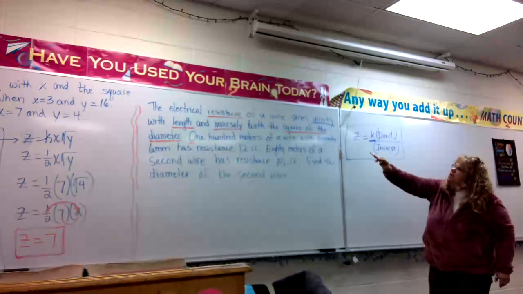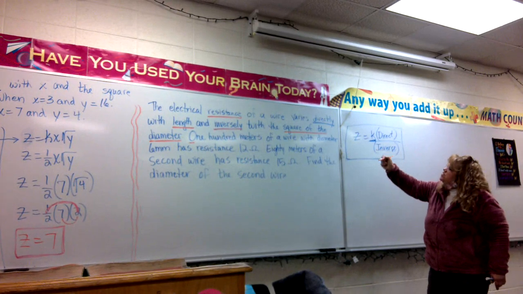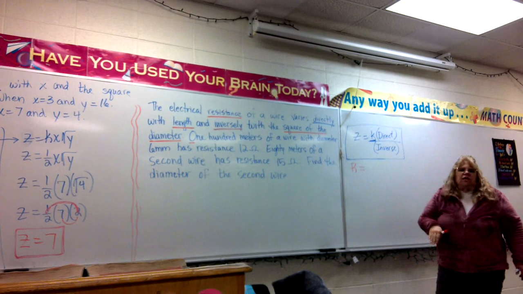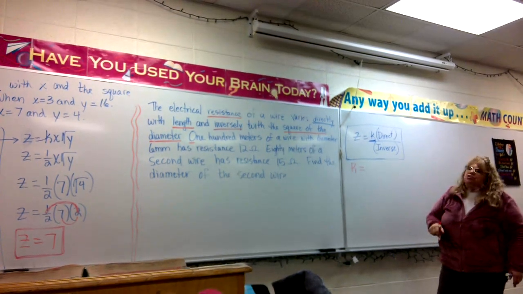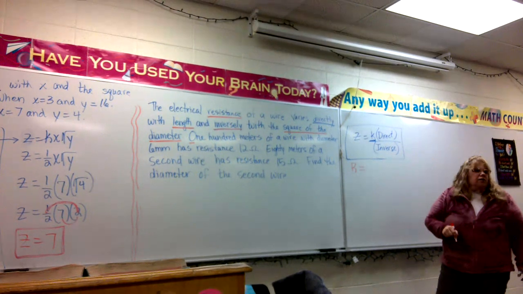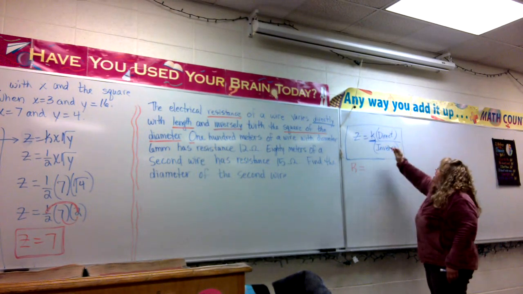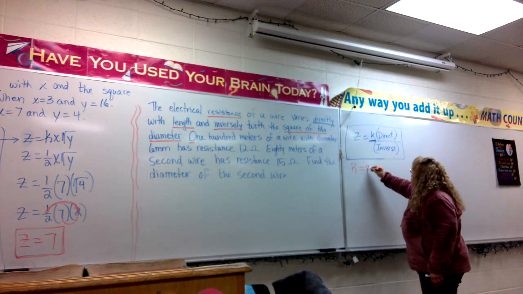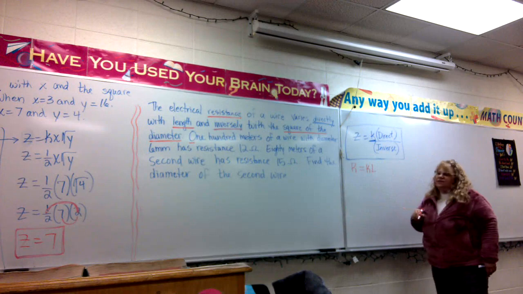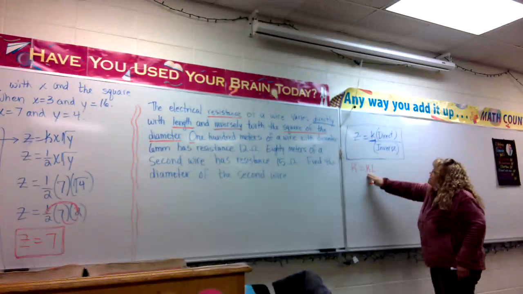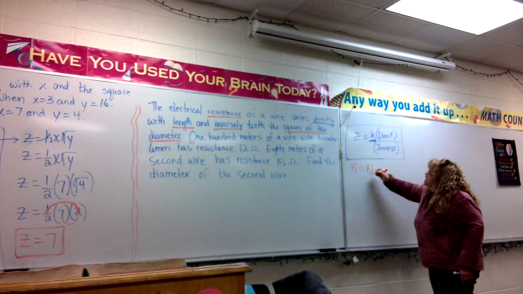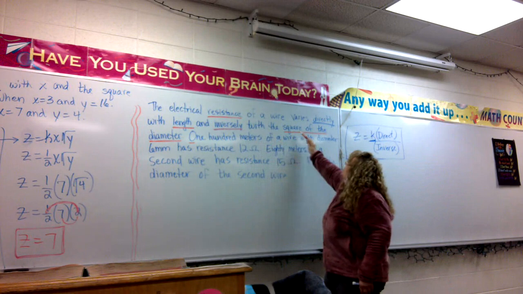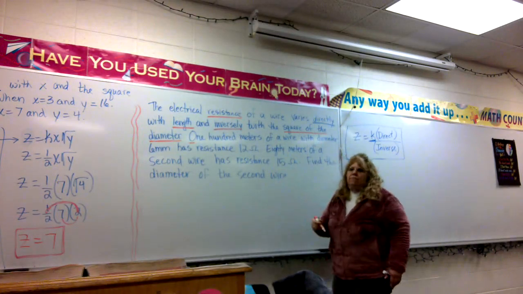So read this problem here. It says electrical resistance of a wire. That comes first, so it goes over here. Electrical resistance varies directly with length. Where does it go if it's varying directly? On top. So it varies directly with the length, that goes on top. And you always have to have the K in there. Keep going, it says it varies inversely with the square of the diameter.